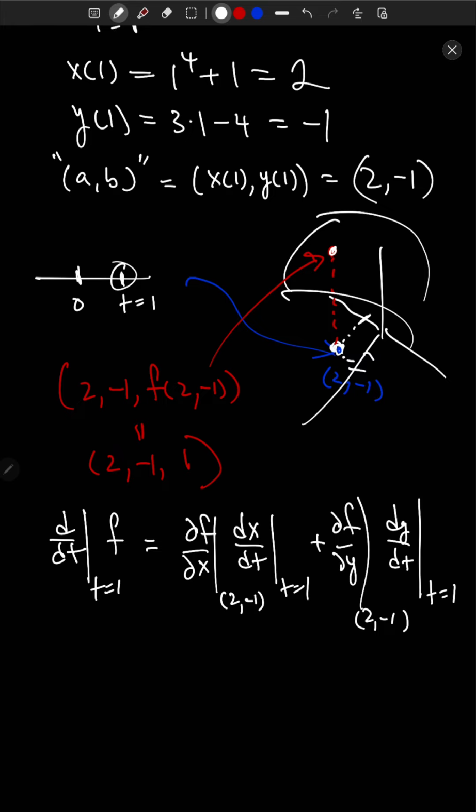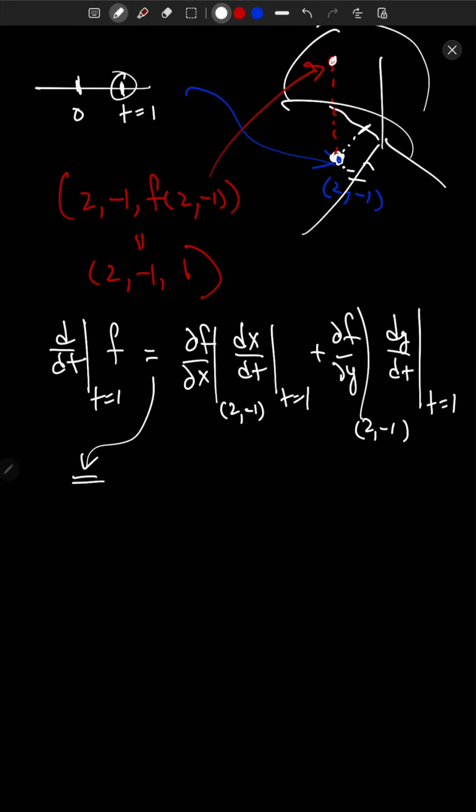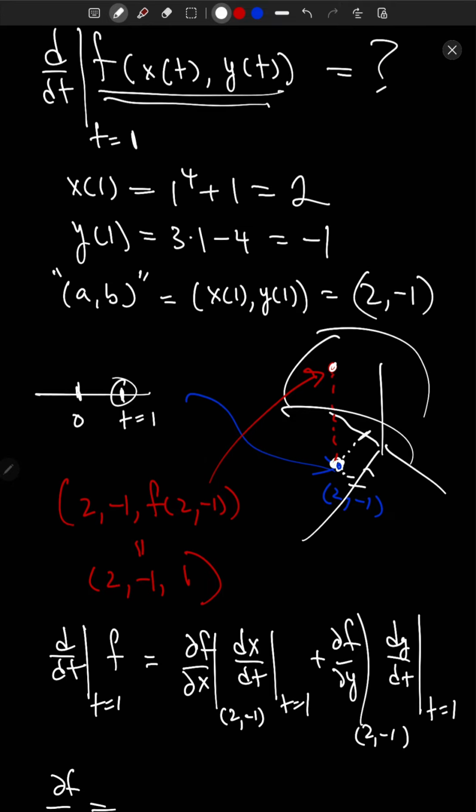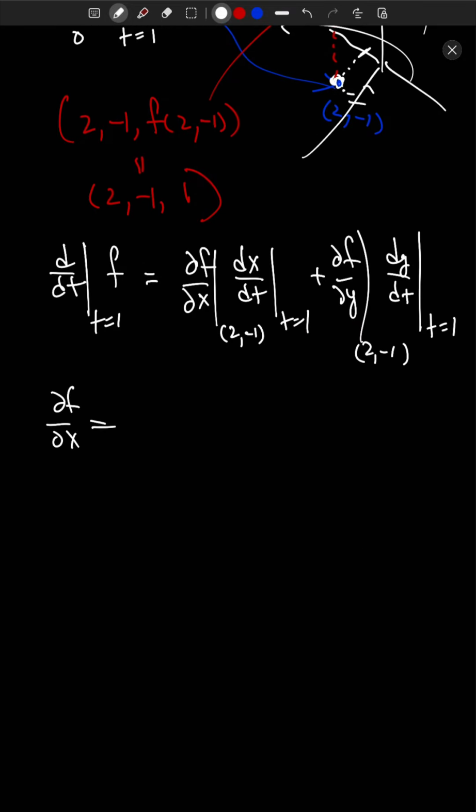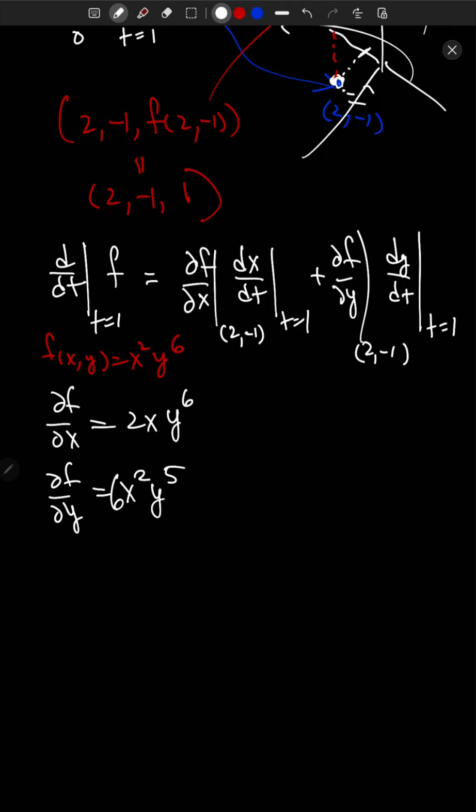Okay, the rest is just plugging in. I guess I should calculate the partials. So f was x squared y to the 6. Let me write that down here so we can keep track of it. F of x comma y is x squared y to the 6. df/dx is 2x y to the 6. df/dy is x squared times 6 y to the 5.